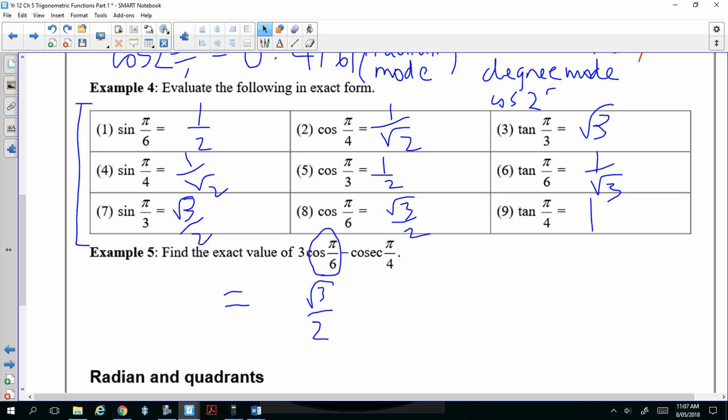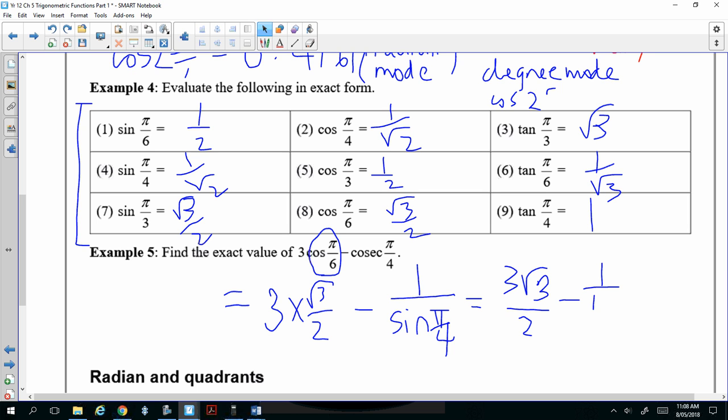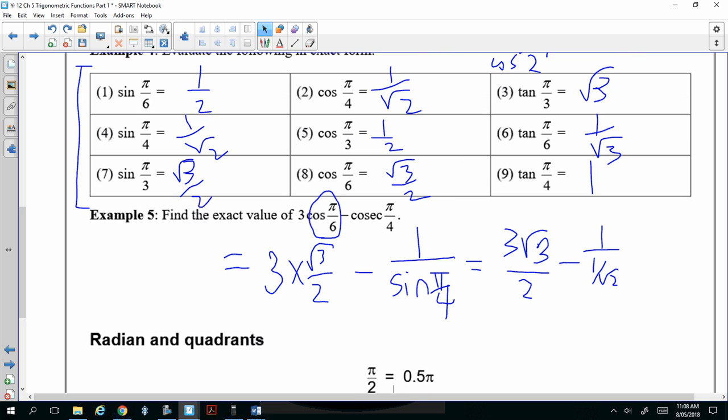Now going back to the table, what's sine pi over 4? It's 1 on root 2, isn't it? So you reciprocal 1 over root 2. And if you reciprocal that, what do you get? Just root 2. So you get equal to 3 root 3 over 2 minus root 2. That's it. You can't simplify further. You can make a common denominator, but I don't think it's necessary.